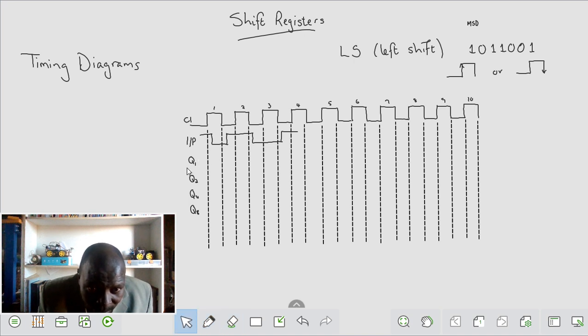Why we use the reset is because we may want to reset the data first. Let's say at that point we reset our data.